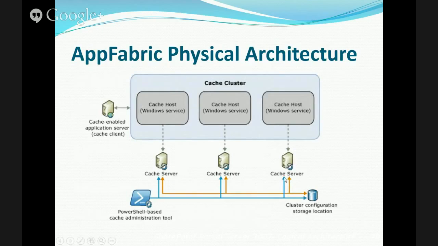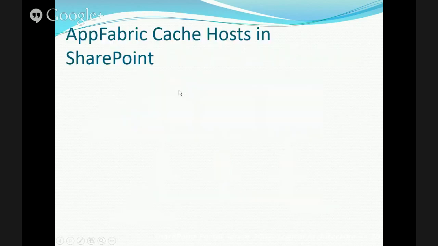The cache cluster configuration, in terms of how many servers there are, etc., is stored in a content database, and the portal is going to be controlling this. You have the application server, which is going to be controlling communication with the cache. In this case, it's going to be SharePoint. So remember, in our example, the application server which is using the cache is the SharePoint server, and the server which is hosting the cache is also the SharePoint server. So that's exactly how it works.